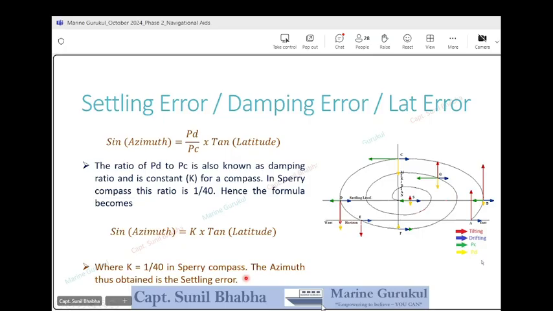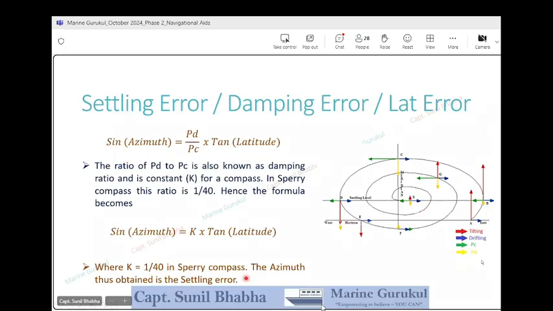Now, as far as our questions are concerned, if the damping ratio of a compass is provided in the question, we will use that value which is provided. They may either provide this information straight away, telling us that the damping ratio of the compass was 1:40, or they may give us some information with which it can be easily calculated.